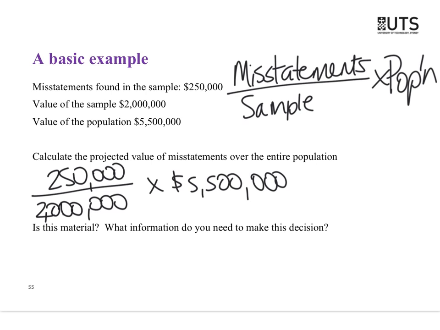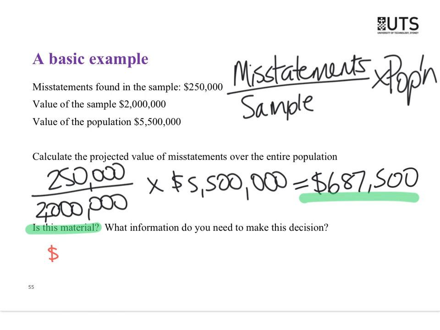All right, if I use my calculator and do that, that gives me $687,500. And so the question then is, is this a material item? How would I know whether my $687,500 is material or not? That means I need to know the materiality or the tolerable misstatement for this particular account.